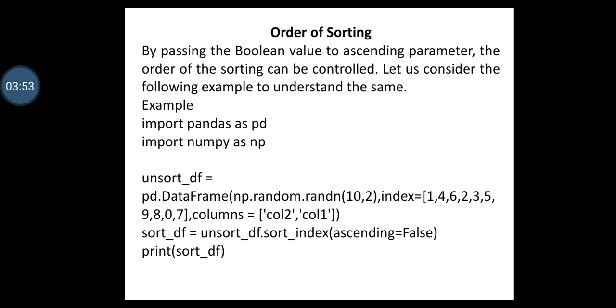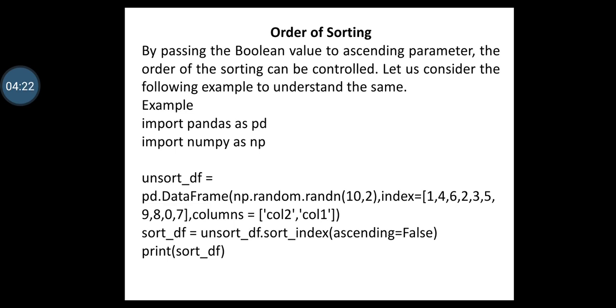Then I define the order of the sorting. Basically, the order is of two types, descending order or ascending order. We can define those with Boolean values such as false or true. If we define ascending is equal to false, then the data is not sorted in ascending order.